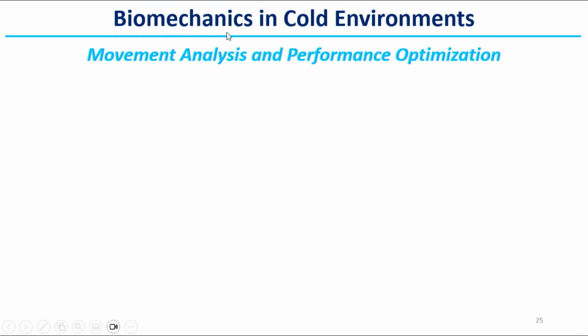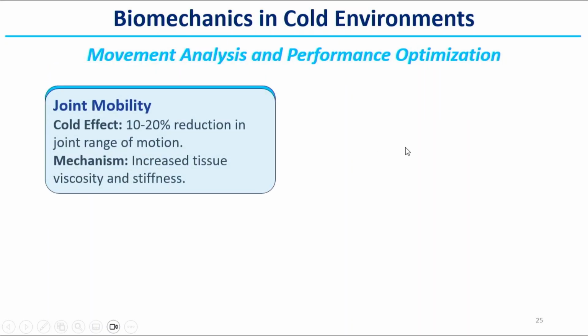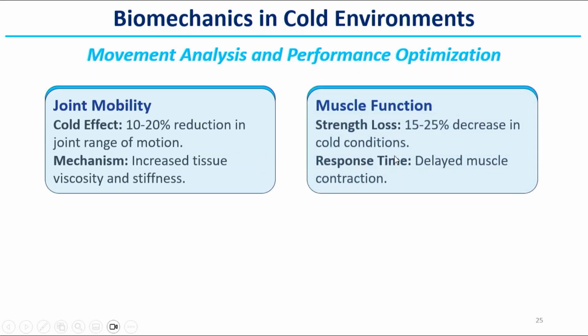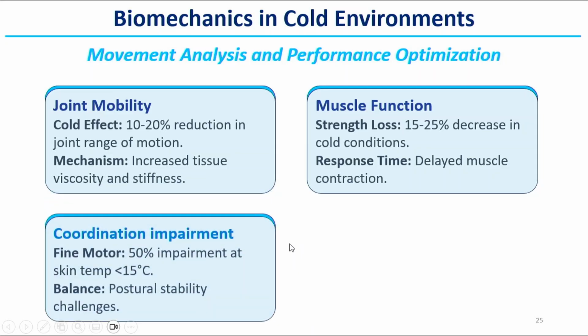The biomechanics in a cold environment, movement analysis, joint movement. Joint movement in the cold shows a 10 to 20% reduction. Muscle function: strength loss of 15 to 25% in cold conditions.